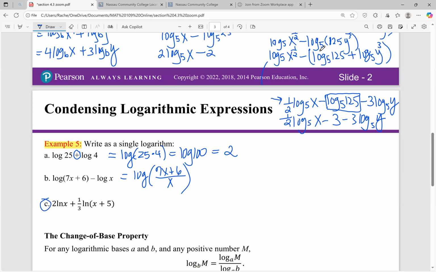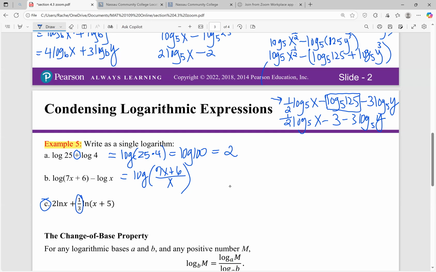So we have 2 times the natural log of x plus 1/3 times the natural log of x plus 5. So I see now I have a factor in front of the log statement. So that's a result of using the power rule, right? Bringing the exponent down to the front.